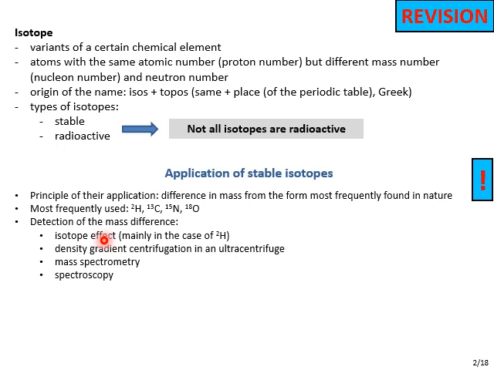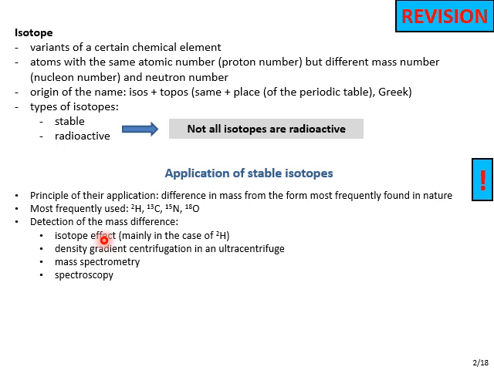This is somewhat remarkable because in practically every case, we emphasize that the chemical properties of isotopes are identical, because the chemical properties are determined by the number of electrons in the atom or in the isotope. And since they have the same number of electrons, we expect their chemical properties to be perfectly identical.